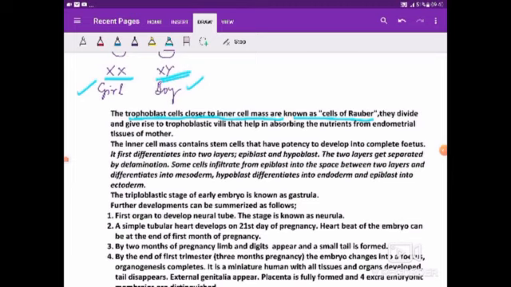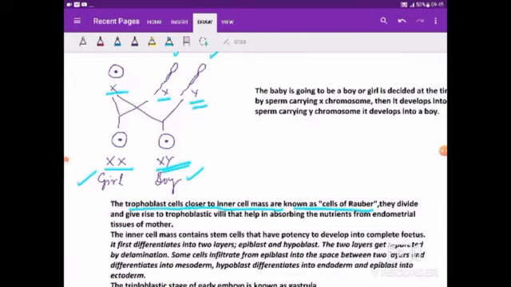You have seen in my previous lectures that the blastocyst has a single cell thick outer covering called the trophoblast. We have learned that when the blastocyst gets embedded into the endometrium, that's called implantation, and then the blastocyst starts developing.